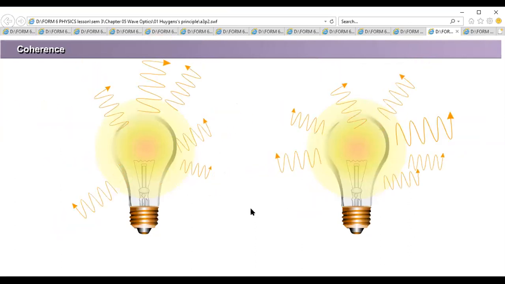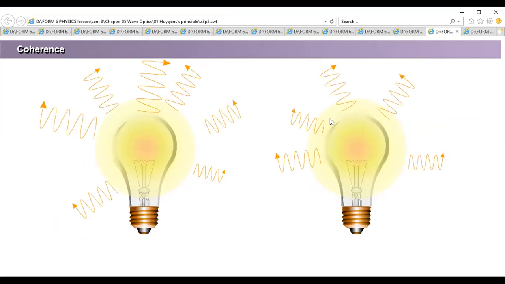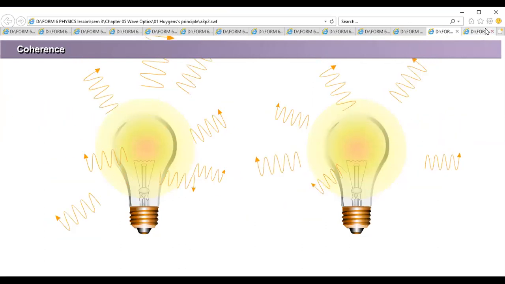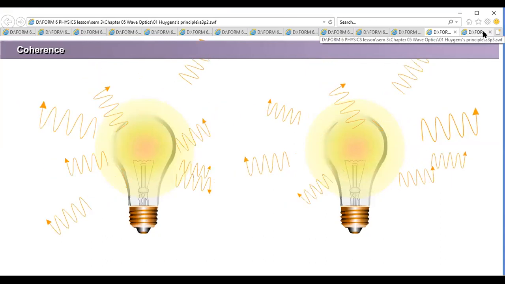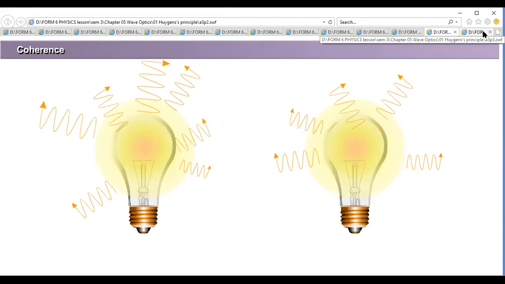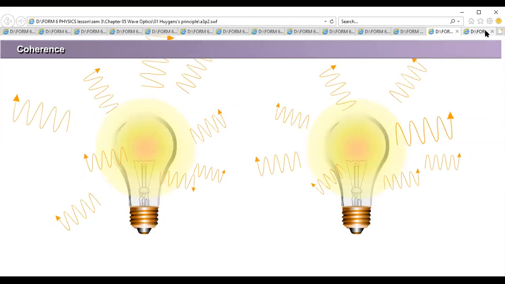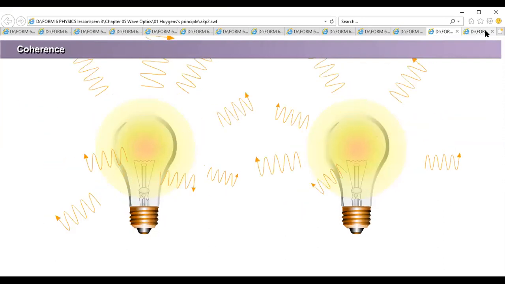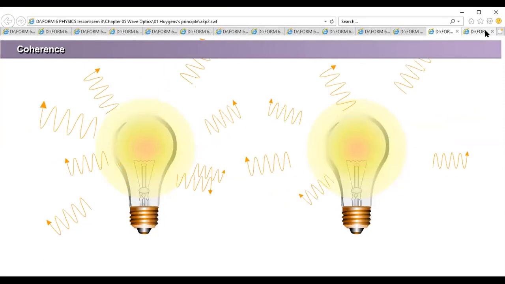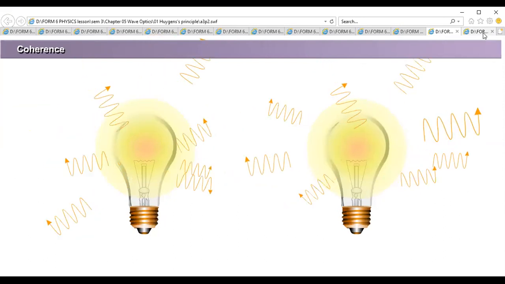So, ladies and gentlemen, we cannot say that white light is a coherent source, except if we use a filter to filter the color. If both of them are red, yes, they are coherent. But the best way is the same color produced by the same source.